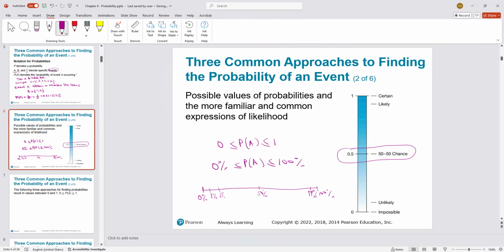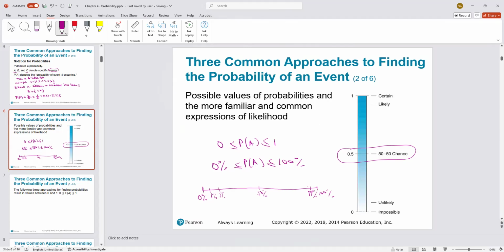One divided by six gives you only 16.7%, almost 17% chance of obtaining a five when you toss a die. So your chance would be lower than 50%. It is unlikely when it is below 50%, and more likely when it is above 50%.